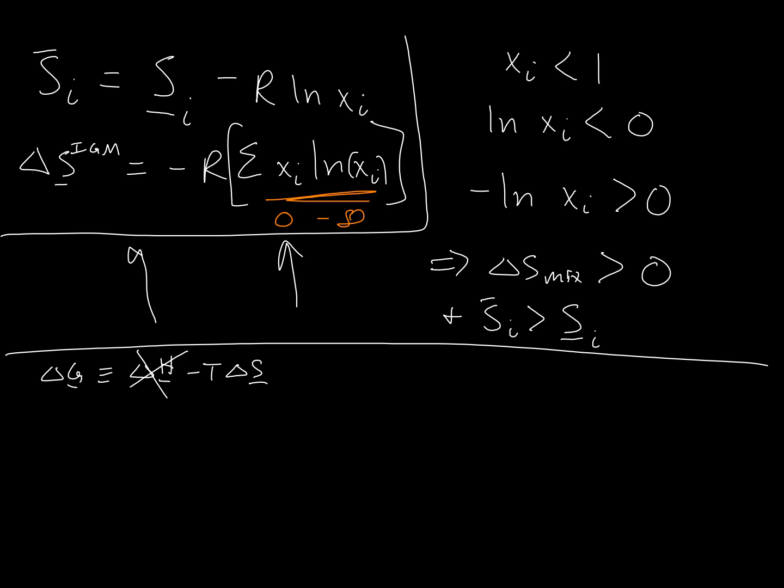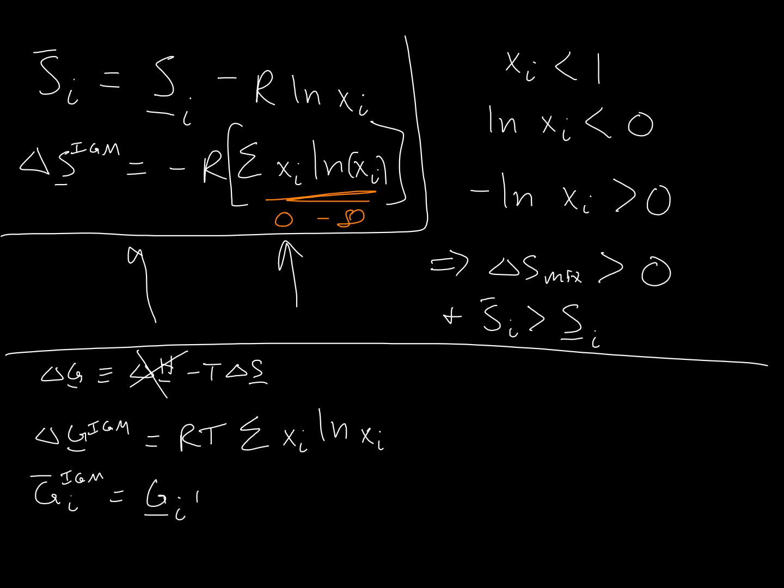But if we're dealing with the entropy term, the delta G of ideal gas mixing is RT times the summation of xi ln of xi. So we'll notice, one other thing before I go into a story about that. G over bar of i for an ideal gas mixture is equal to G under bar of i plus RT ln of xi.